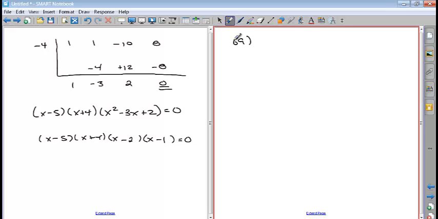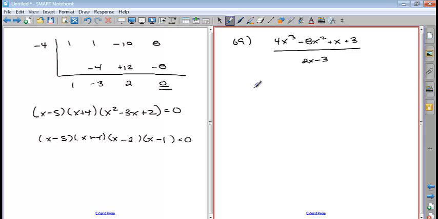So 69 is 4x cubed minus 8x squared plus x plus 3 divided by 2x minus 3. Now, you could use synthetic division, but I'd have to factor out the 2, which is not that big a deal.